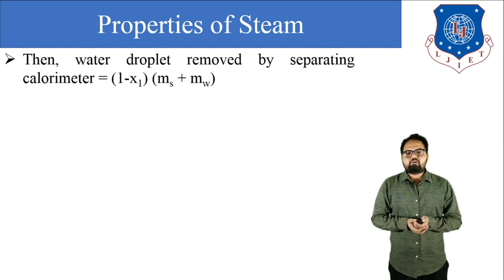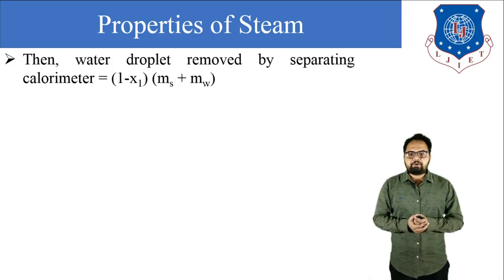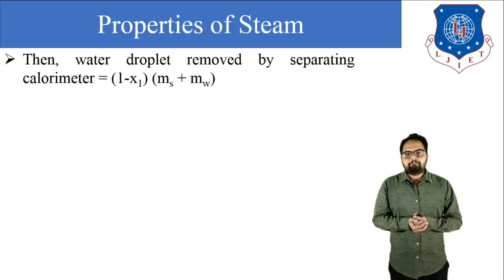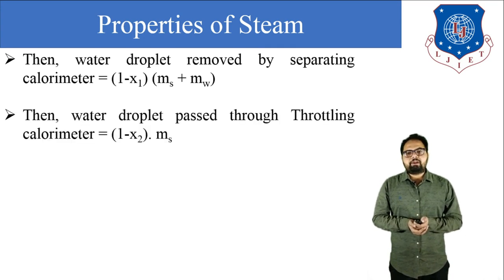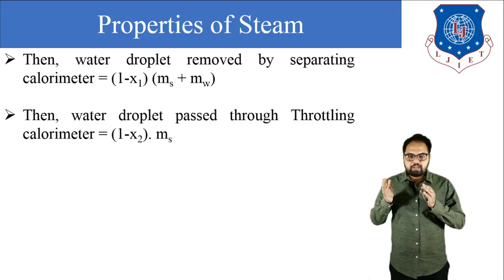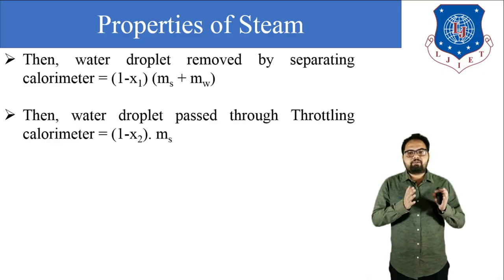Now the water separated inside the separating calorimeter: we know that the dryness fraction of the steam in the separating calorimeter is x1. So the water droplets separated by the separating calorimeter will be (1 minus x1) multiplied by (Ms plus Mw), and the water droplets removed by the throttling calorimeter will be (1 minus x2) into (Ms plus Mw).